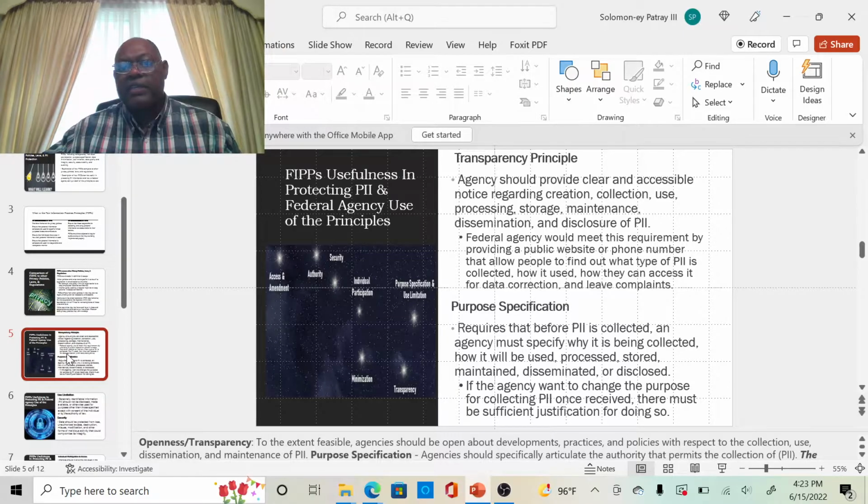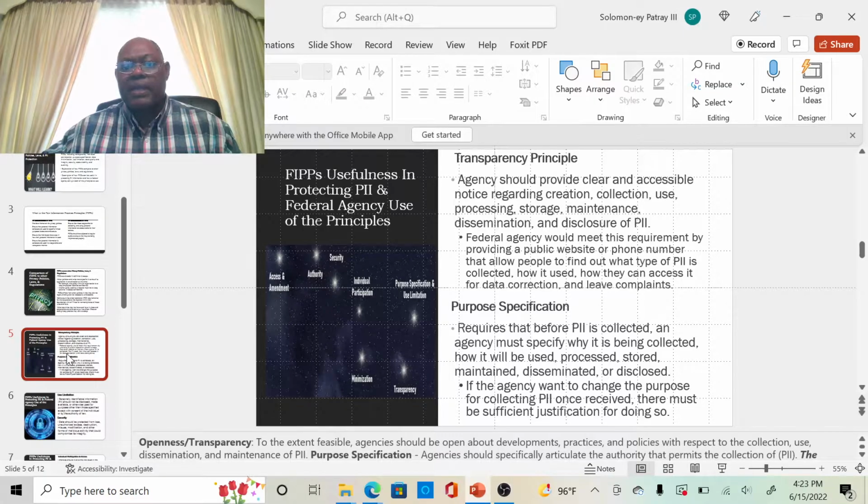Here, the federal agency will meet this requirement by providing a public website or phone number that allows people to find out what type of PII is collected, how it is used, how they can access it for data correction, and leave complaints.